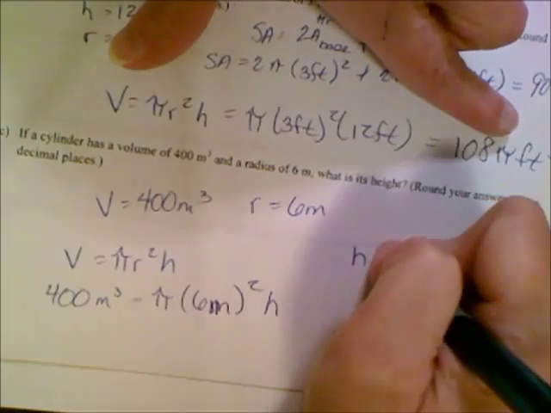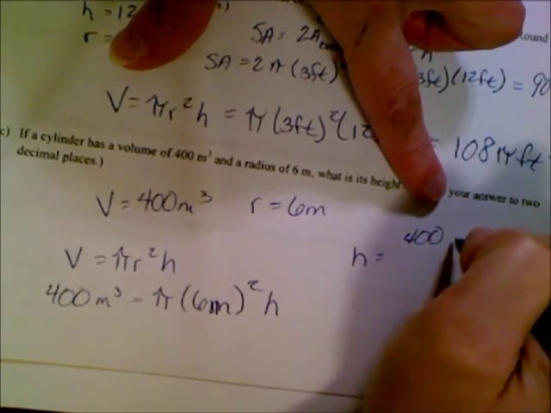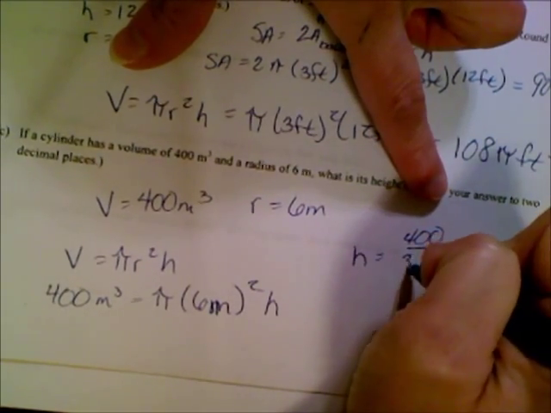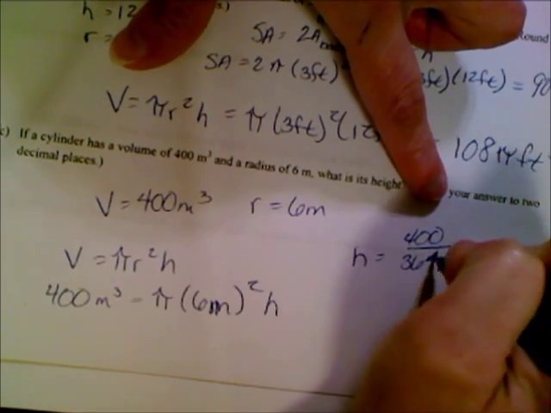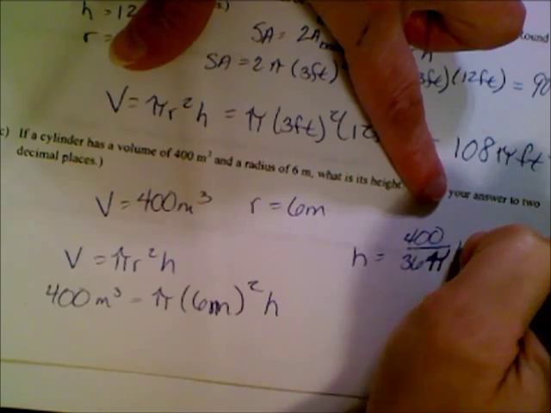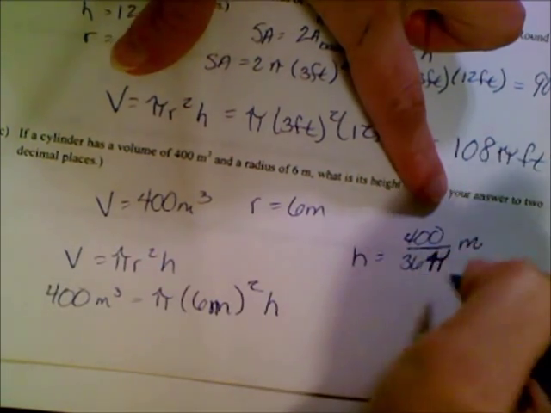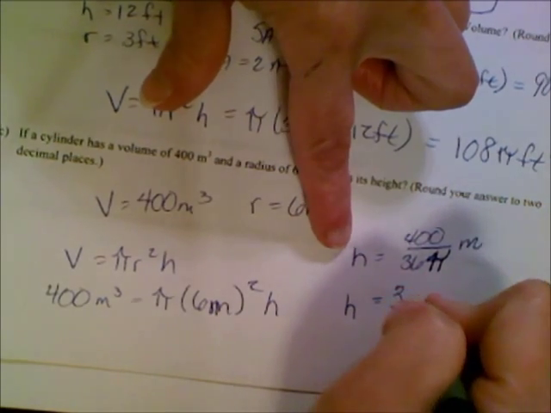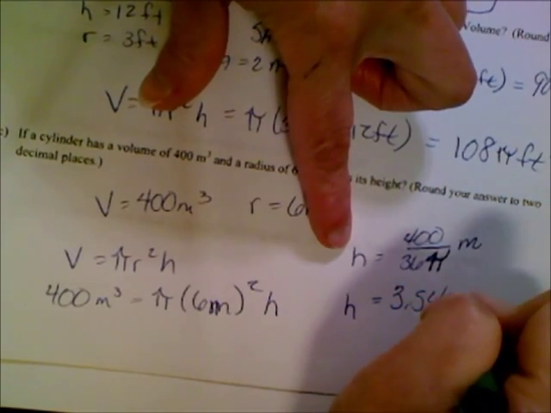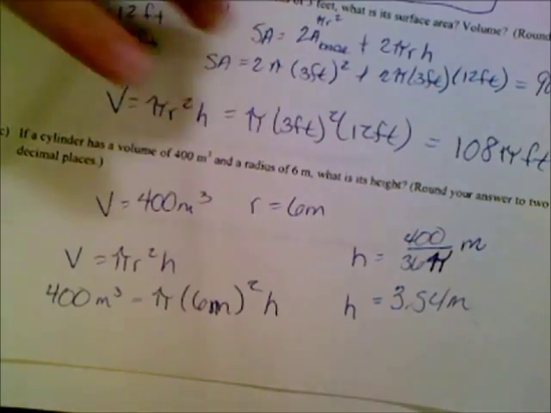So that means that h equals 400 divided by 36 pi, because 6 squared is 36, and I find that h is 3.54 meters. Okay?